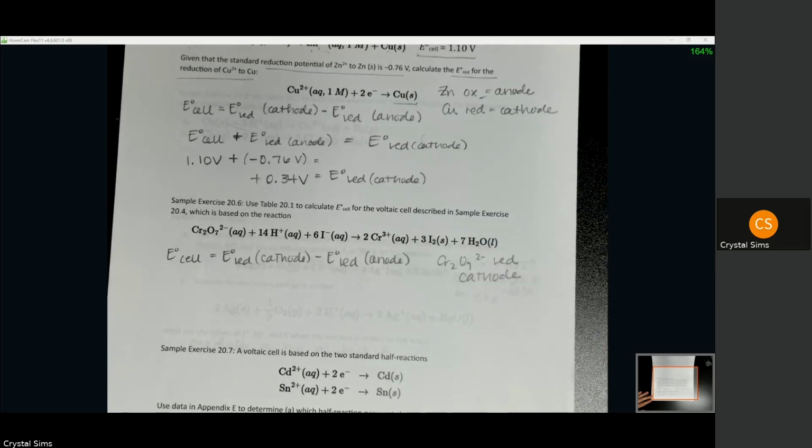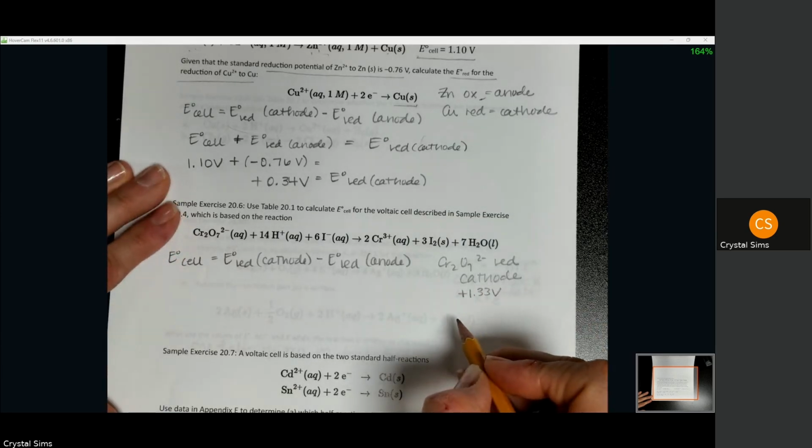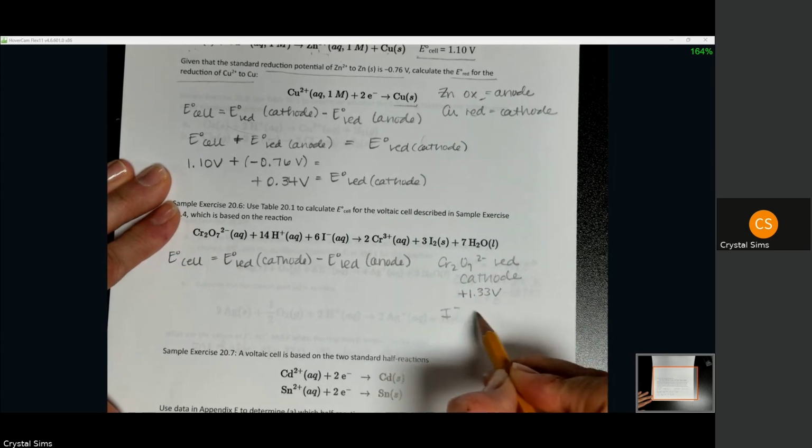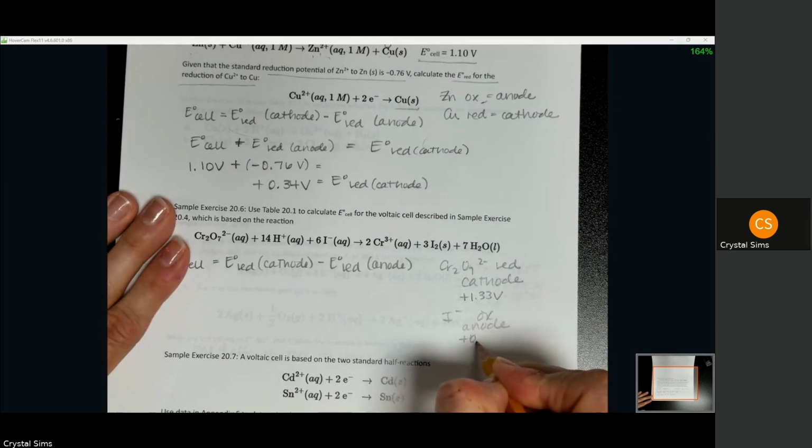When we look over on table 20.1 and we find chromate, we see that its value is plus 1.33 volts. Then that means that our iodine is oxidized, it is our anode, and when I look at the value for it over on the table, I see that it is plus 0.54.